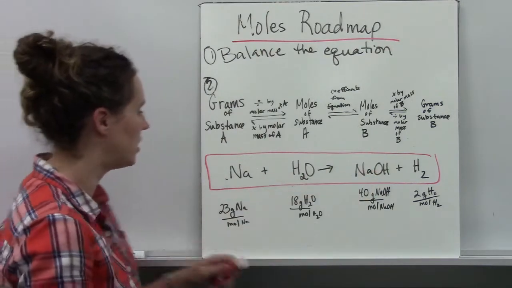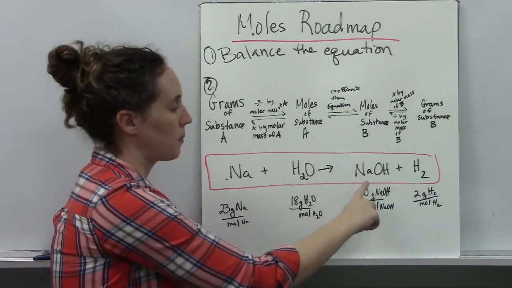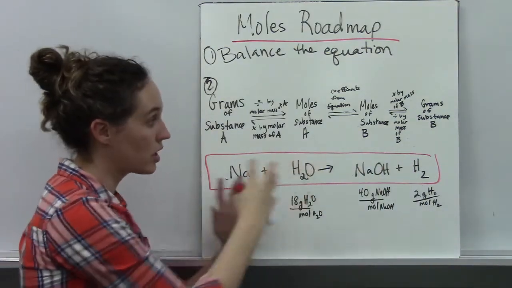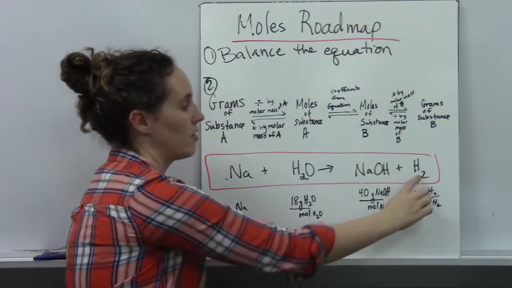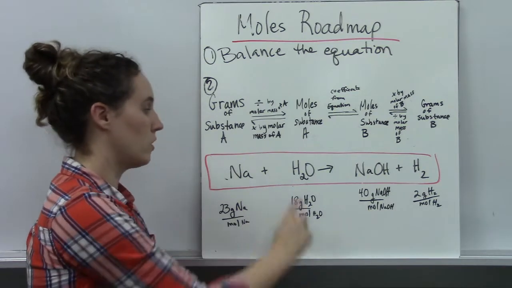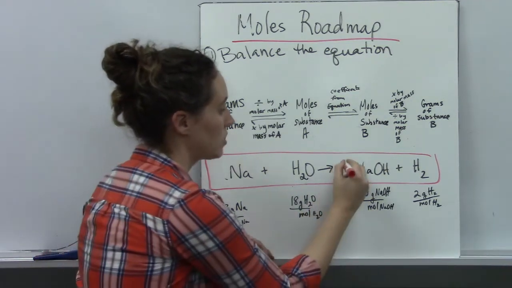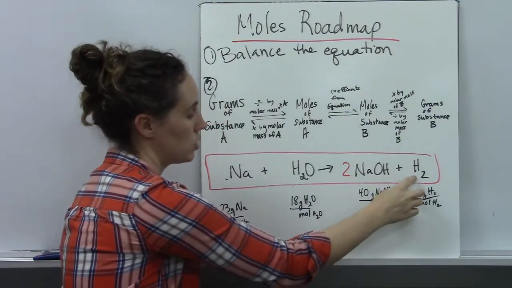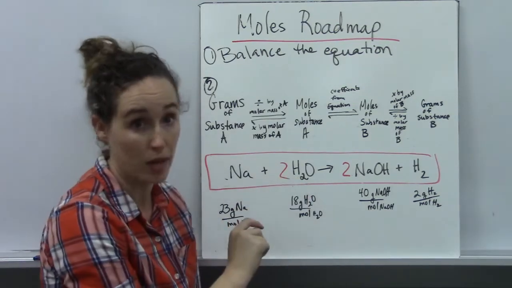Let's look down here. So I've got sodium and water will yield sodium hydroxide and hydrogen gas. Things are looking really good except for my hydrogens aren't balanced over here. I've got 3 hydrogens over here and 2 over here. So one easy way to do that is if I put a 2 here, now I have 4 hydrogens, and I can just put a 2 right there, and now I have 4 hydrogens on my reactant side.